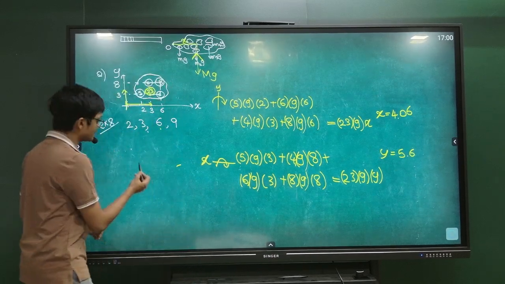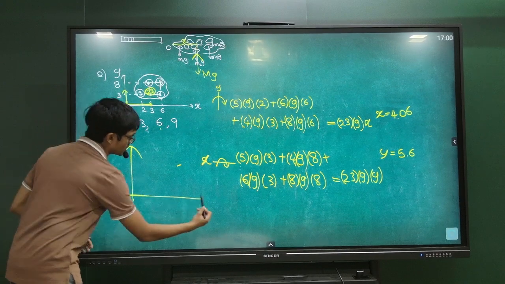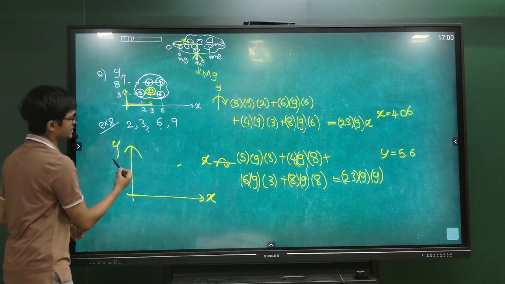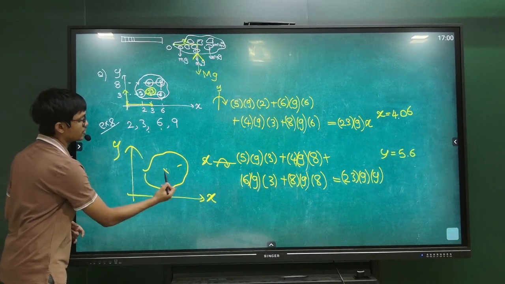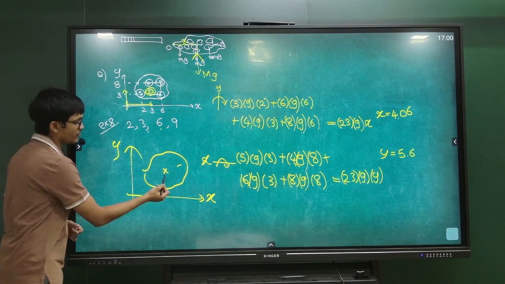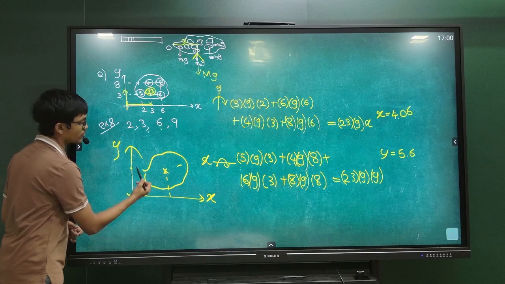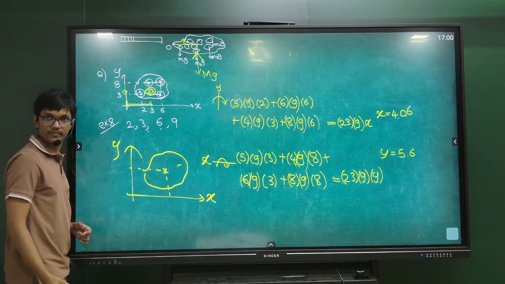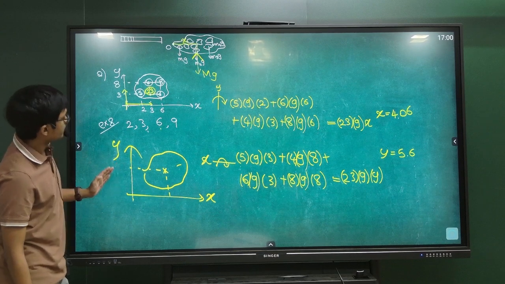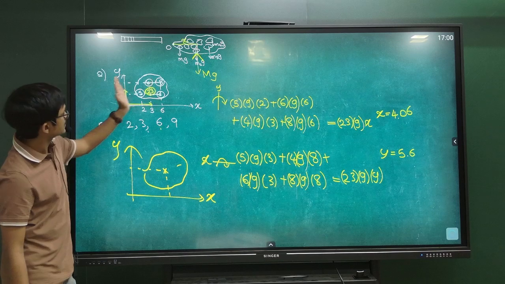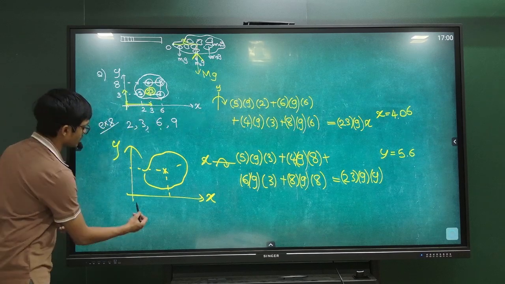what actually happens is, attention everyone, on the xy axes, this is your uniform object. You can find its center of gravity here. එයාගේ ගුරුත්ව කේන්ද්‍රය මෙතන තියෙනවා. Clear? What is the distance from the y axis? 4.06.